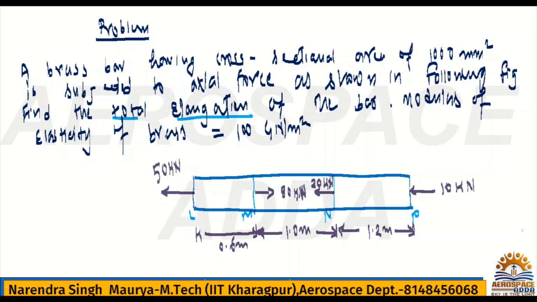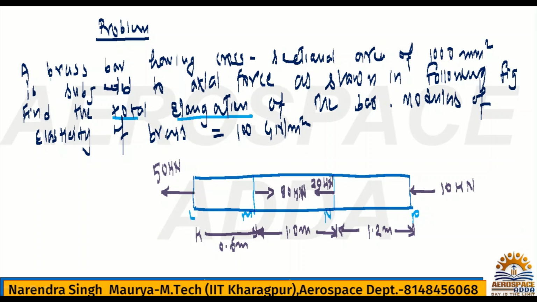Three bars individually are connected to each other and now become one complete bar. If you break it segment-wise, there are three bars: LM, MN, and NP. Now they are connected together, and hence it becomes a single bar. And it is a brass bar.